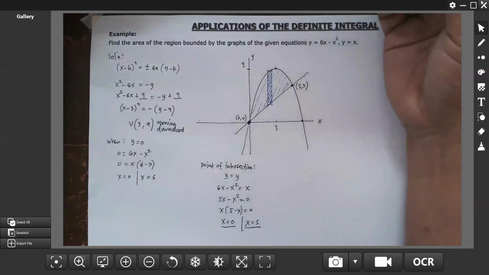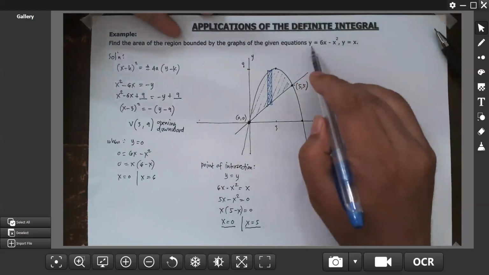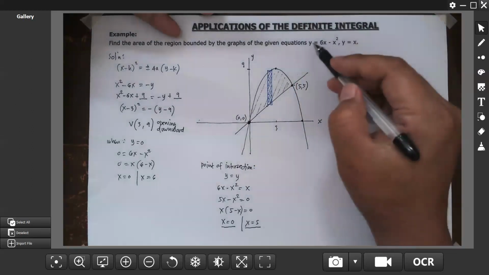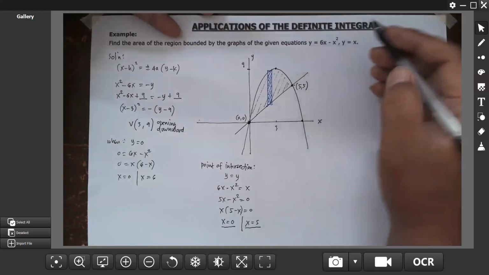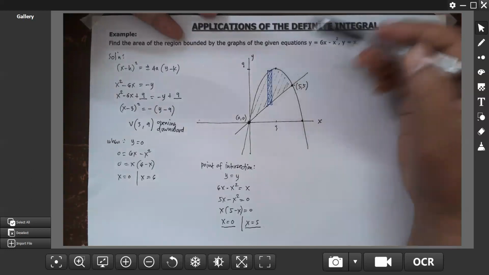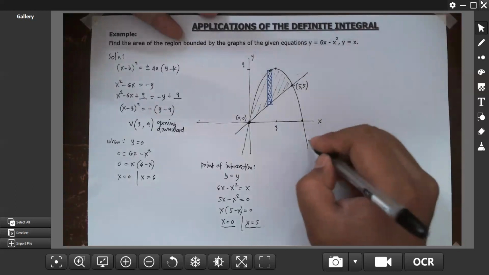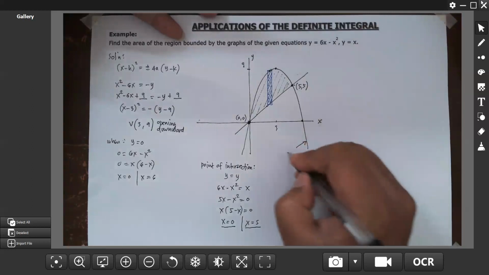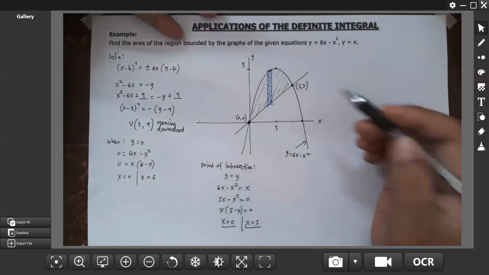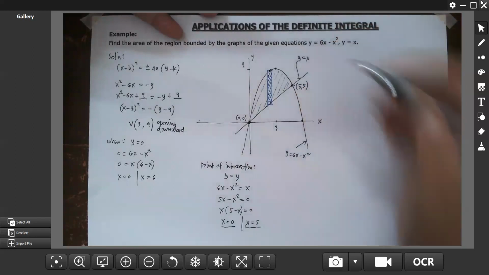Now, instead of using f of x and g of x, from our equation, both equations are expressed in y. So, we can just use up and down. For a vertical strip, we can use up and down. This equation is y equals 6x minus x squared, while the other one is a line, y equals x.